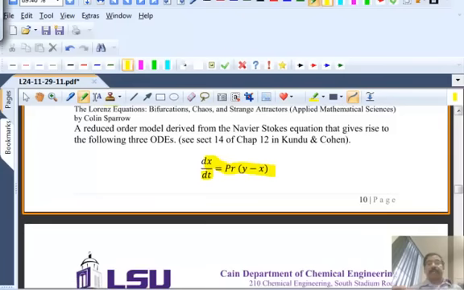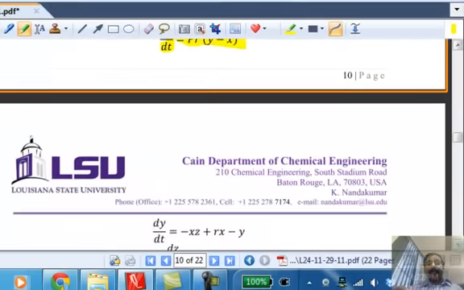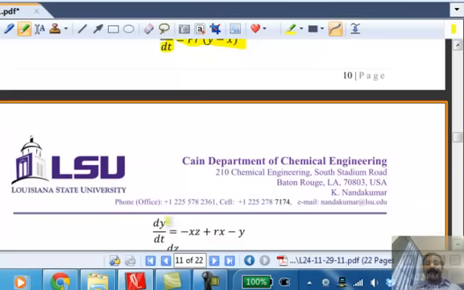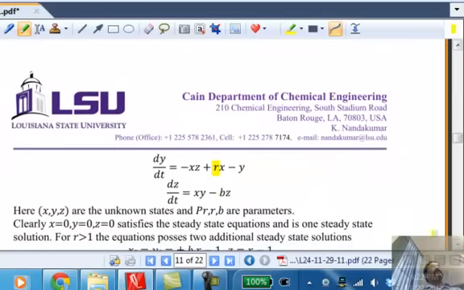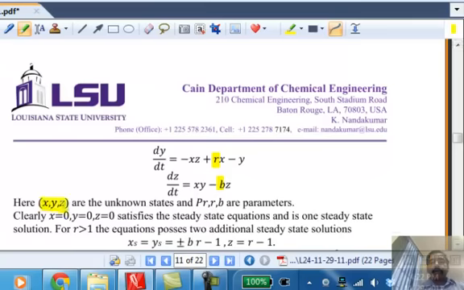Prandtl number is Pr, and there are 3 states, x, y, and z. r is another parameter in the problem, and b is another parameter. So there are 3 parameters, and he reduced the entire Navier-Stokes energy equation to these 3 equations, focusing on the very primary important variables. So x, y, z are the states, the unknowns. Pr, r, and b are the parameters.